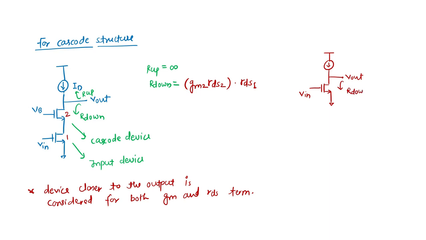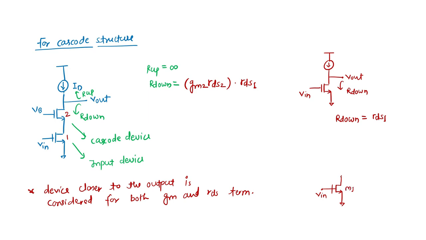R up was still infinite because of the ideal current source. So R down was nothing but RDS of 1 only. But after inserting the cascode device on top of this input device, our impedance is amplified by a factor of the intrinsic gain of device 2.